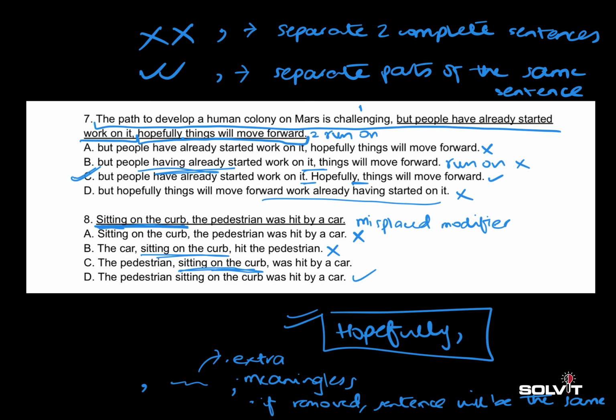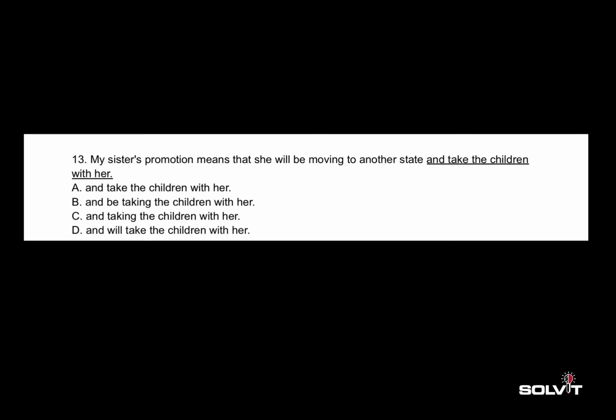Sitting on the curb seems to be extra and unimportant, which is not the case, right? This is our modifier. It's important information. So we cannot enclose it in commas, right? So option number D is the correct option because it's simple, it's short, it's to the point, and it's getting my point across.